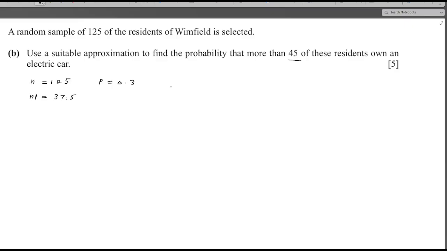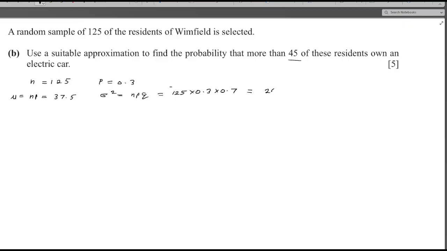Here mean is 37.5. This is your mean, and your variance sigma square is npq. So npq is 125 into 0.3 into 0.7, and the result is 26.25.